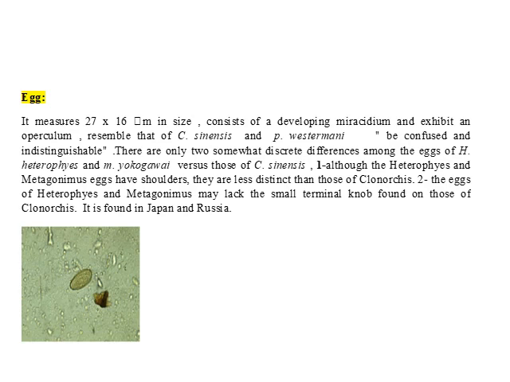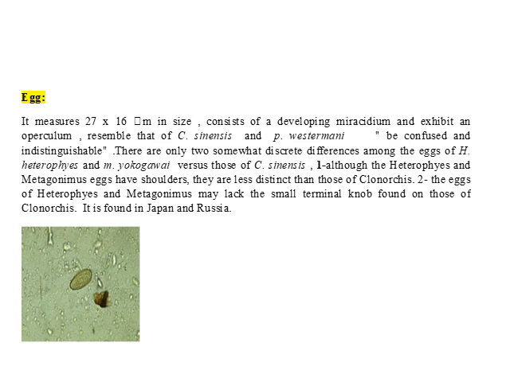This egg consists of a developing miracidium. So the egg, when hatched, having developed, is embryonated. We mean it is embryonated, not unembryonated like those studied in preceding lectures. So it consists of a developing miracidium and has an operculum. Yes, it is operculated.